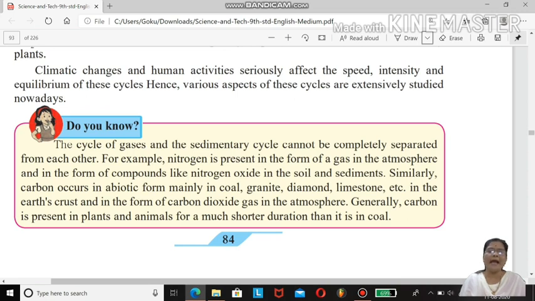For example, nitrogen is present in the atmosphere in the form of gas, and in the form of compounds, that is nitrogen dioxide, in the soil and sediment. Similarly, carbon occurs in abiotic form, mainly in coal, granite, diamond, limestone, and in the earth's crust, and in the form of carbon dioxide gas in the atmosphere. Generally, carbon is present in plants and animals for a much shorter time than it is in coal.